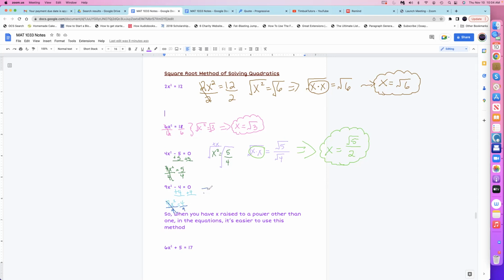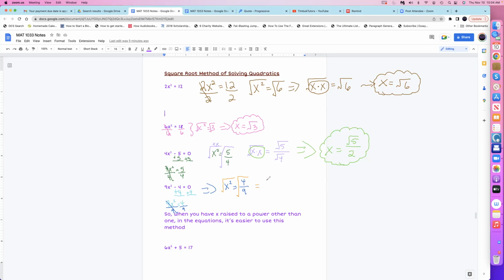That leaves me with x squared equals 4 over 9. I'll take the square root of both sides. Remember, whatever I do to one side, I have to do to the other side to make it equal.